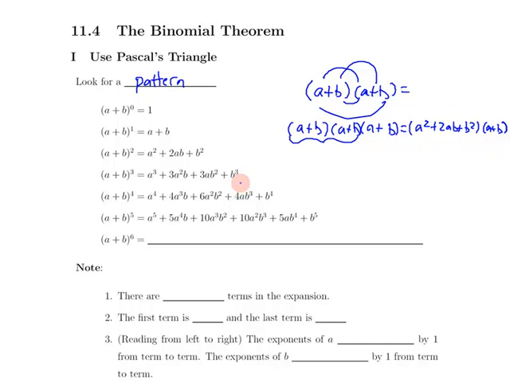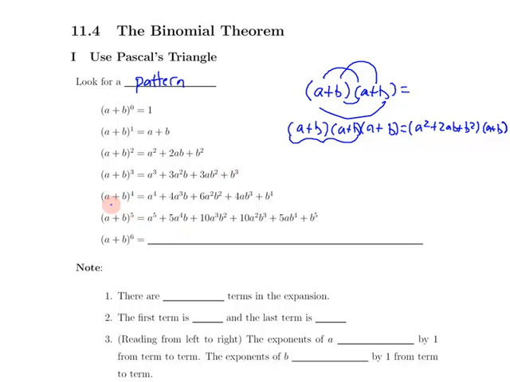Now, think in your head how much work that would be. To multiply a squared times a, a squared times b, 2ab times a, 2ab times b, b squared times a, b squared times b, and collect like terms and simplify. If you did all of that, you would get a cubed plus 3a squared b plus 3ab squared plus b cubed.